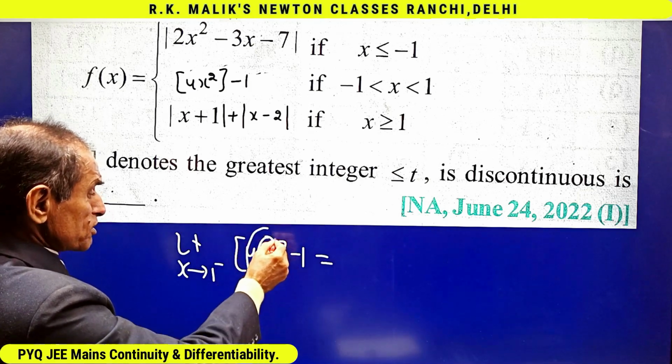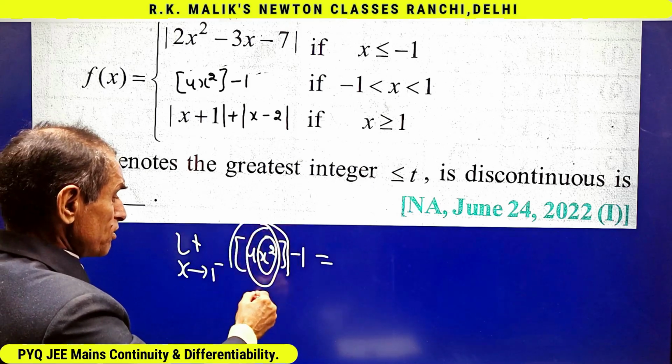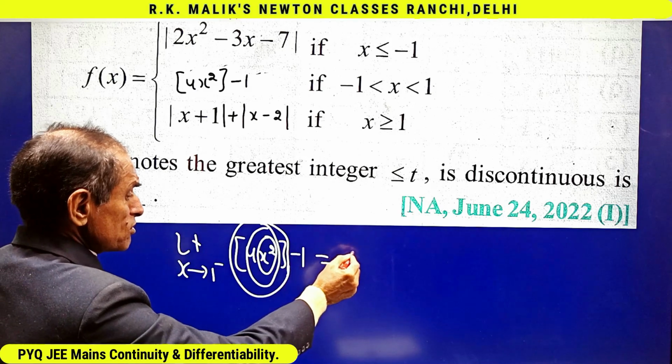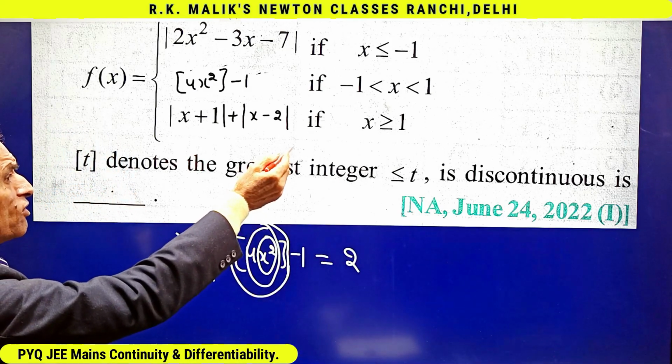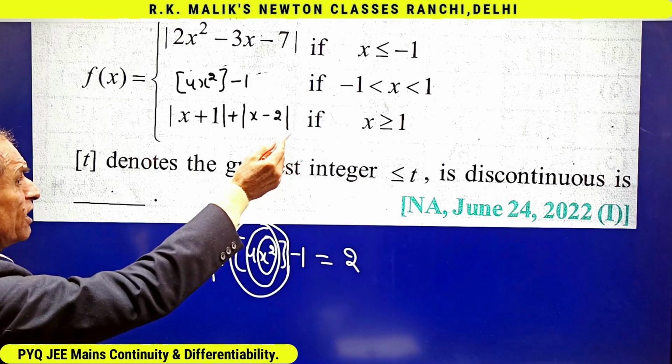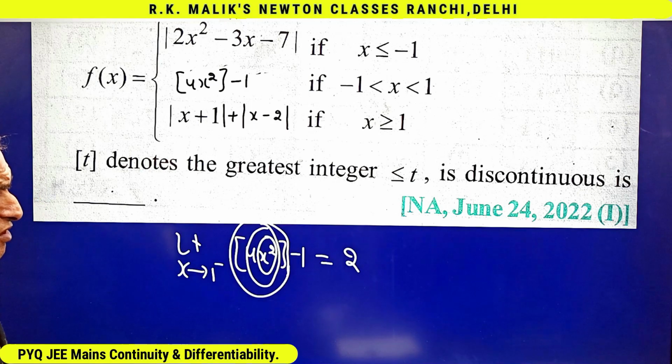The value of this will be slightly less than 4. Therefore the value of this will become 3. 3 minus 1, 2. And it is also clear from here, the right hand limit and the value of the function will be 3. Therefore the function is discontinuous at x equal to 1.